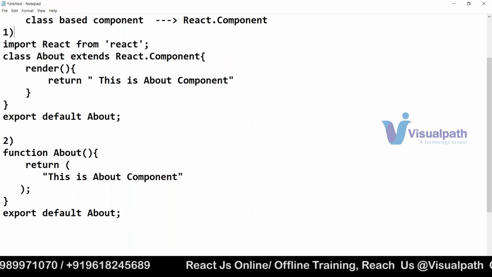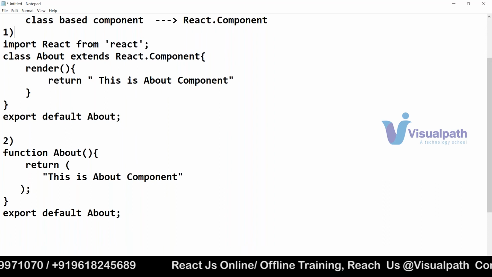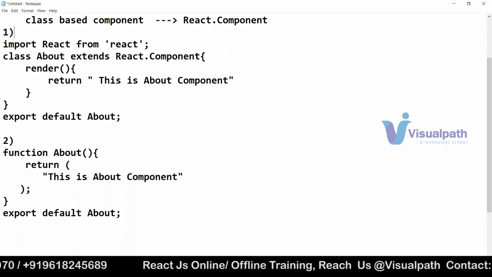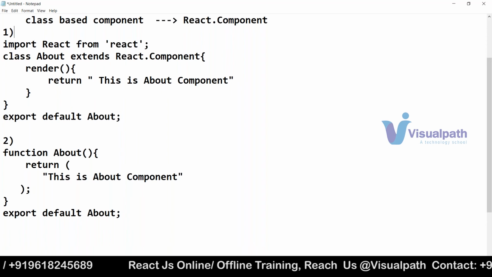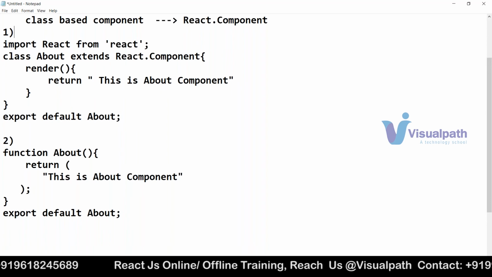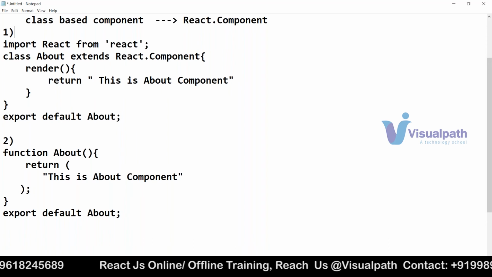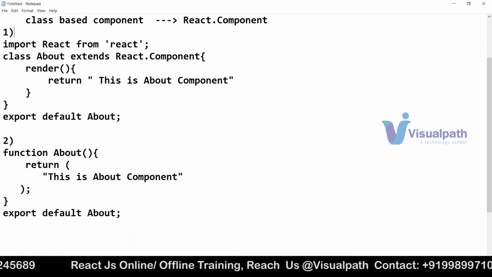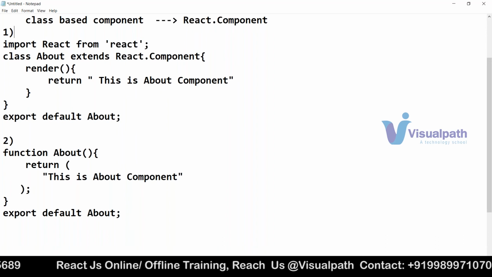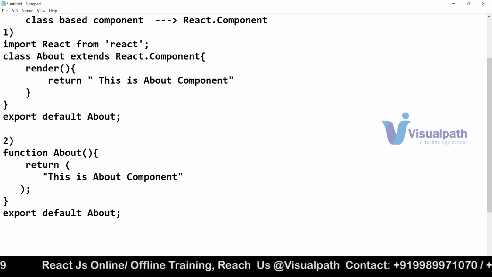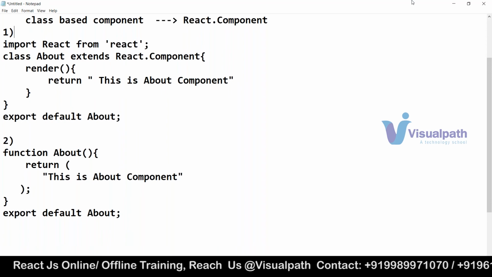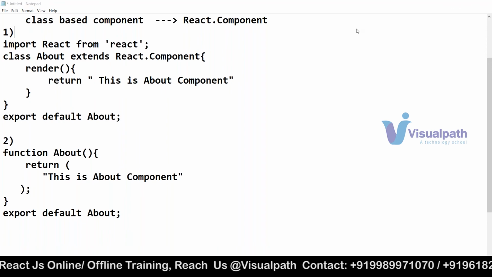If you can learn that, then your React is almost more than 50% done. You understood, right? If you know these components, and if you know how to give properties and how to maintain those properties, clear? Then definitely you are almost ready to create applications with React.